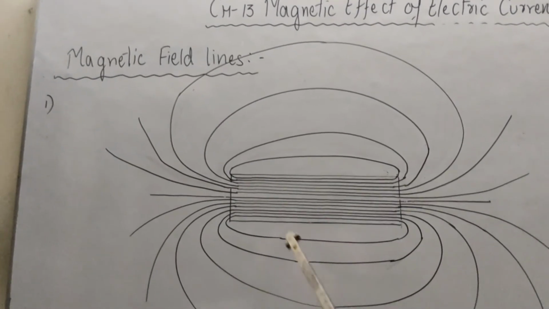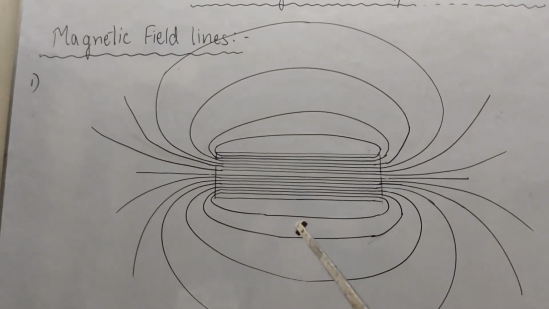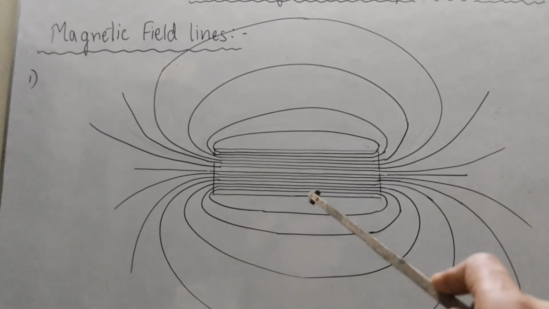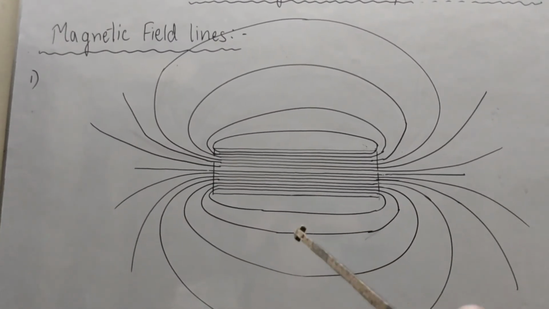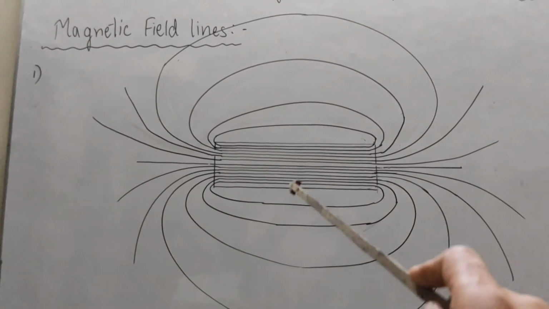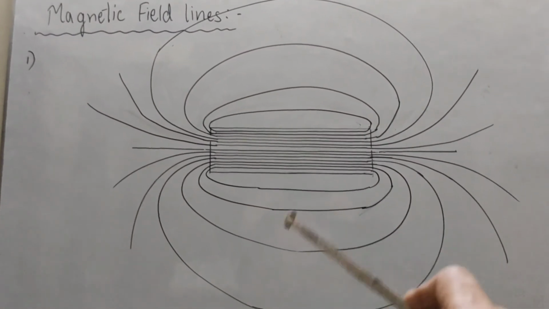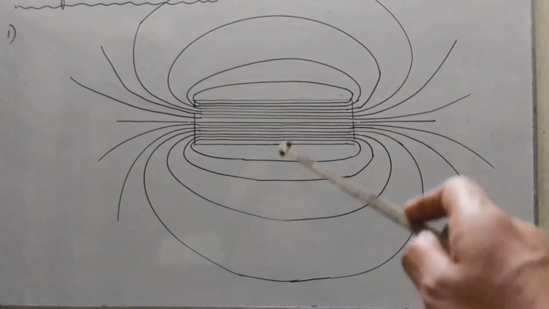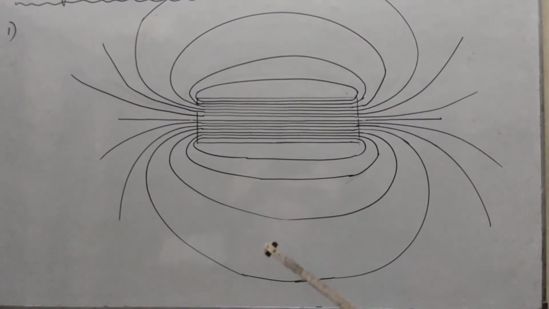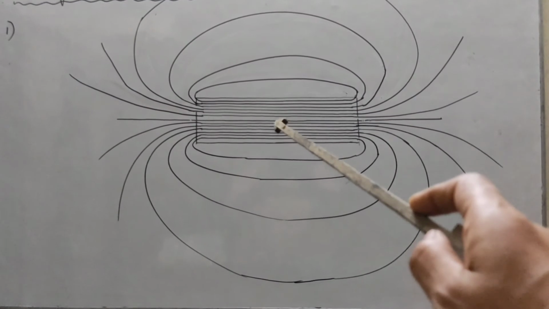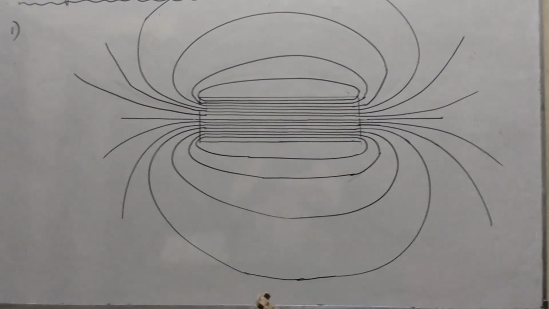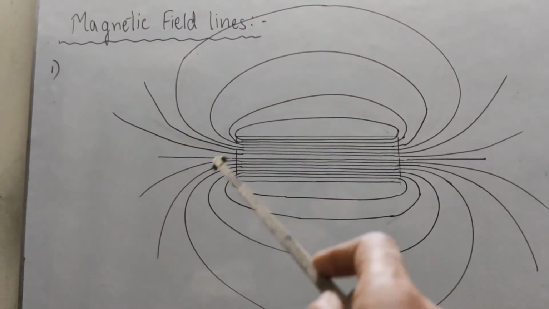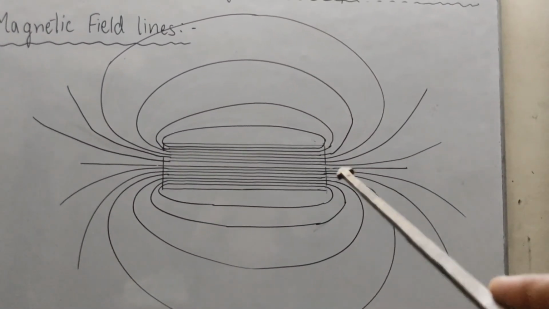That's why, see here, as we move away from the bar magnet, the spacing between the bar magnet and the first line, then the first and second line, second and third line, goes on increasing. Which means that magnetic field strength becomes weaker as we move away from the magnet, and the strength is strongest near the North Pole and the South Pole.